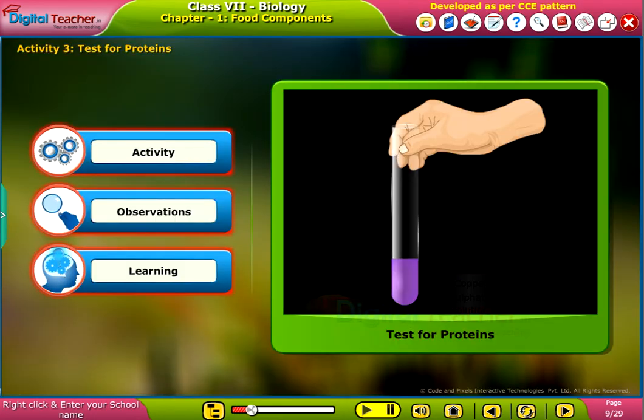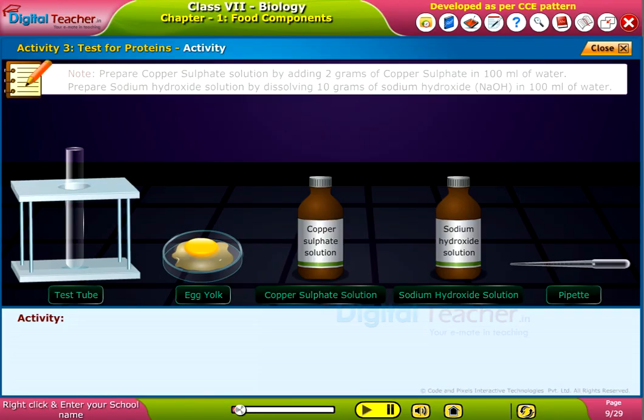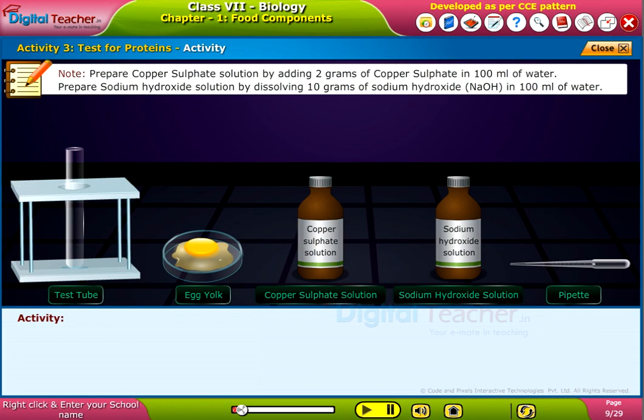Here, let us perform an activity to test for the presence of proteins in food items. Click each tab to know more. Prepare copper sulfate solution by adding 2 grams of copper sulfate in 100 milliliters of water.